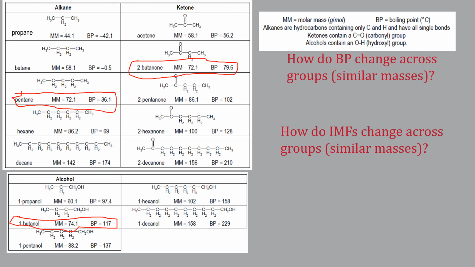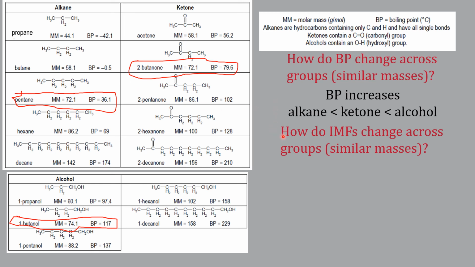So what you want to do is look at these and see how the boiling point changes across each group. And what you find is, which one has the highest one? Which one has the lowest one? And with this pair, the alkane, the pentane, has the lowest boiling point. The alcohol has the highest boiling point, and the ketone is in the middle.